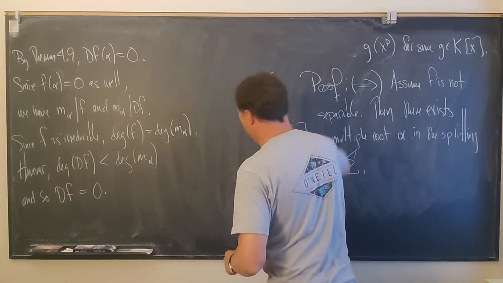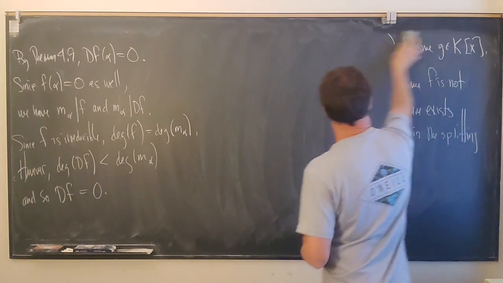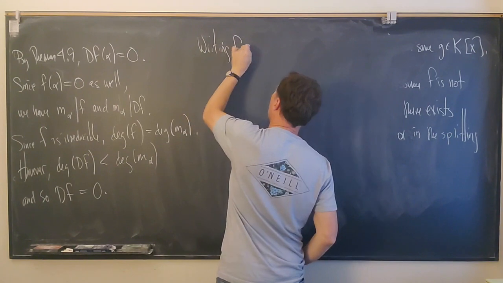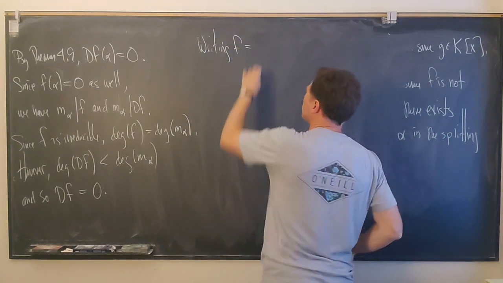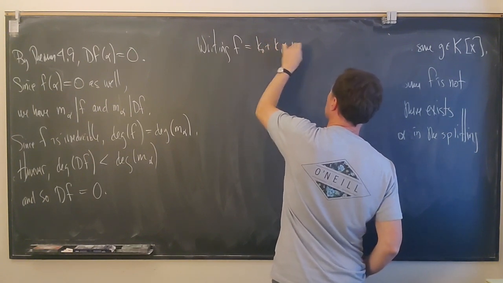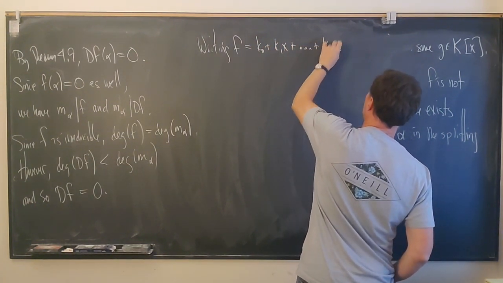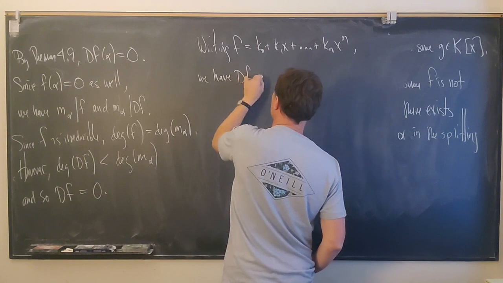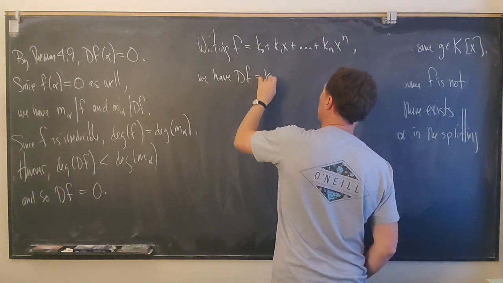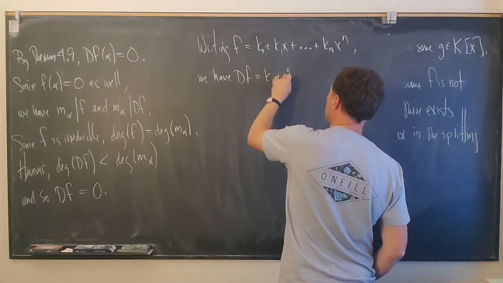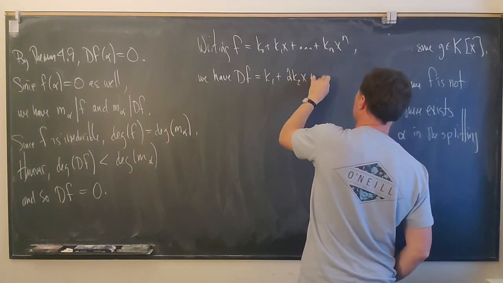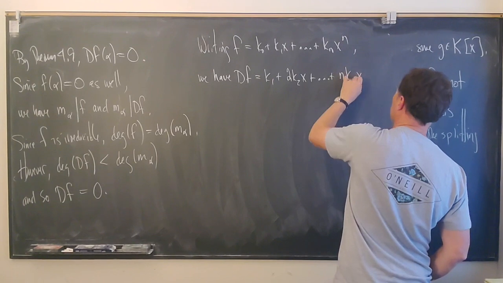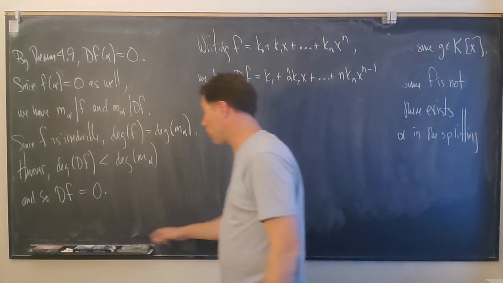Okay, so now I want to write f out. Writing f equal to k0 plus k1x plus dot dot dot plus kn x to the n, we have df equals k1 plus 2k2x plus dot dot dot plus n kn x to the n minus 1, and this has to be the zero polynomial.